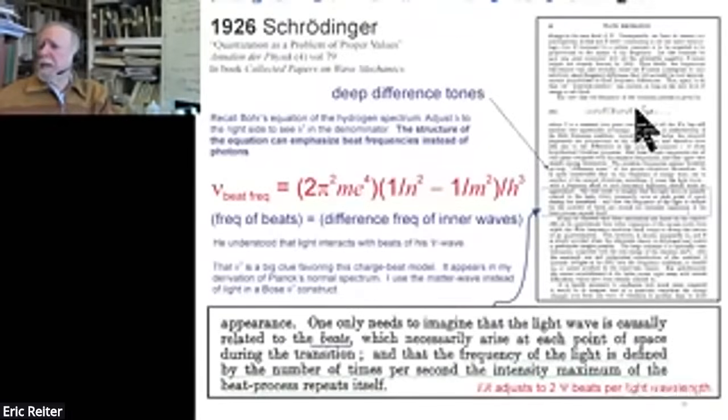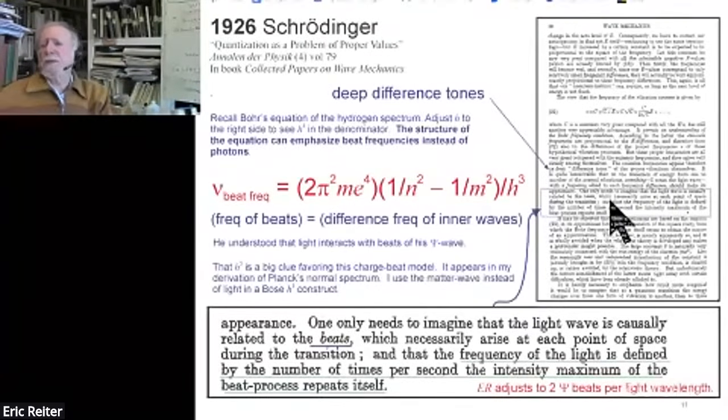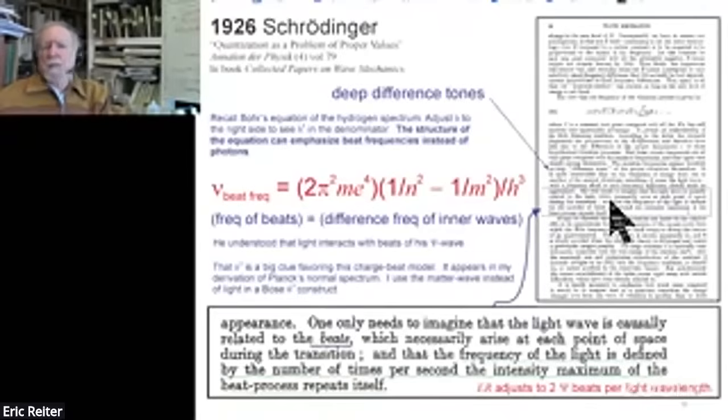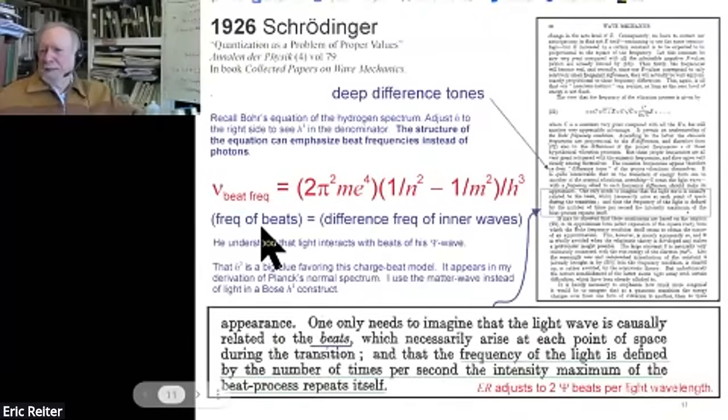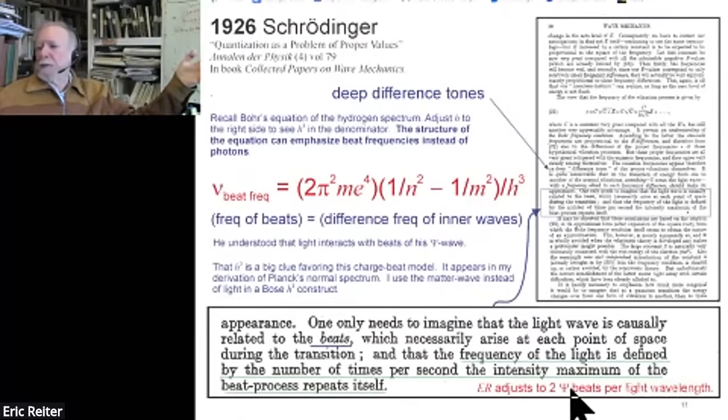What I'm taking here from Schrodinger, my big takeaway, is that he understood beats. He understood that the interaction between light and charge was that light fits the envelopes of his wave function psi. You'll see that when you do homework problems in quantum mechanics all the time anyway. But it's about beats. I'm just expanding on his model of beats. I'm correcting his factor of 2 because the way he said it wasn't quite right.